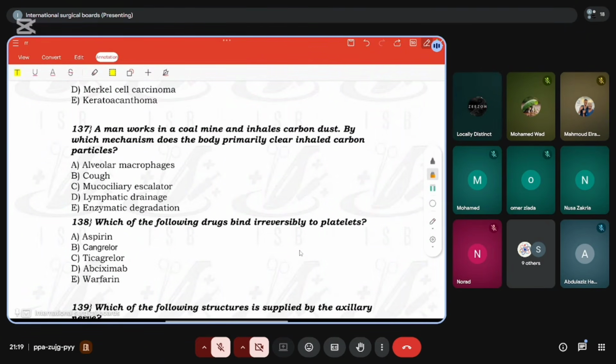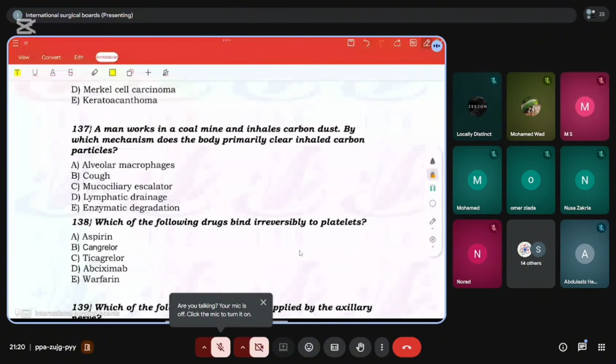Okay, so do you want to talk about how the mechanism works? Yes, so the mucociliary escalator is the main mechanism by which most particles deposited in the airways are cleared. That's in general. But sometimes ultra small particles that reach the alveoli can be cleared by alveolar macrophages.